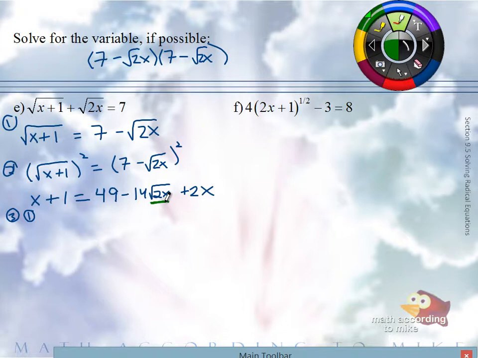I would not do that yet. I would subtract 2x. What else? Subtract 49. Okay. Doing so I get negative x minus 48 equals negative 14 square root of 2x.